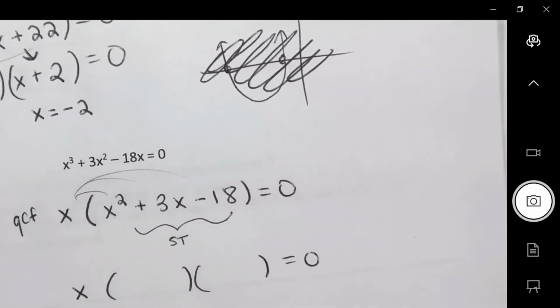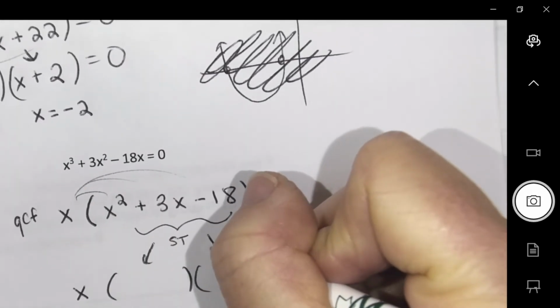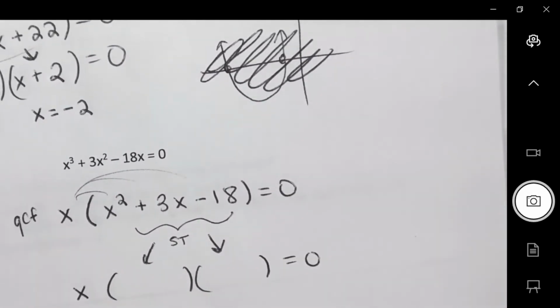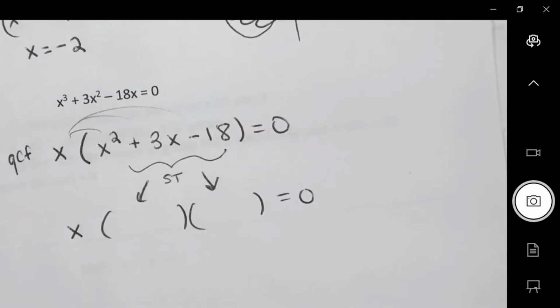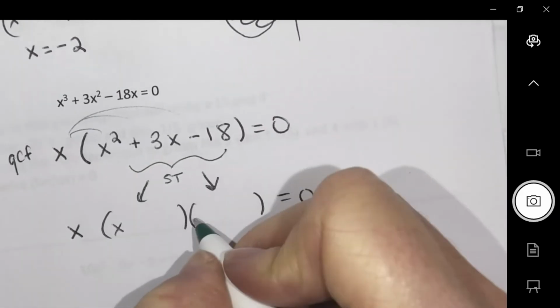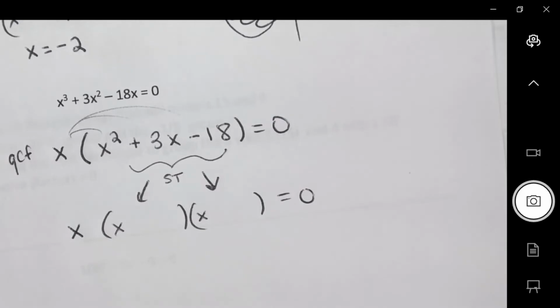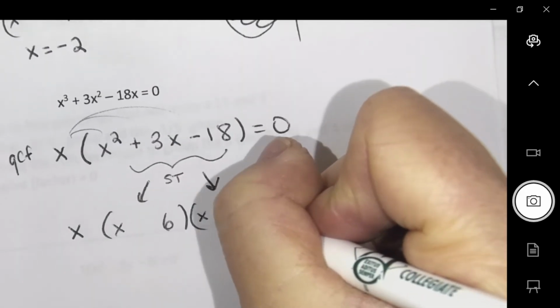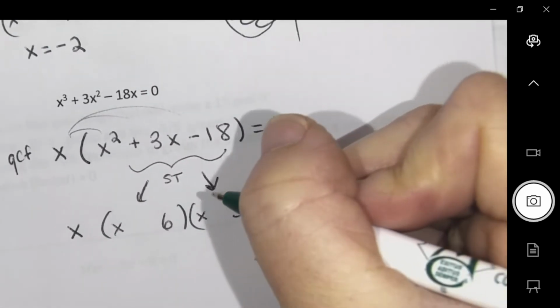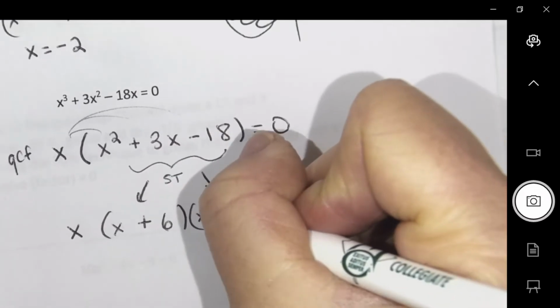So x times x, multiplying to -18: 6 and 3. Because of that negative, one of them will be negative.